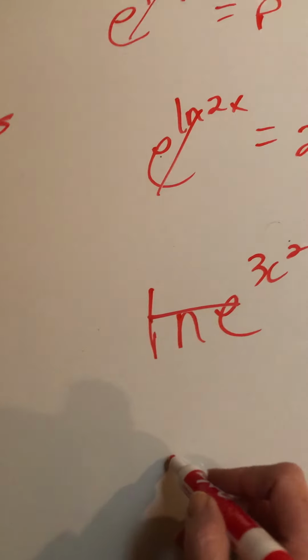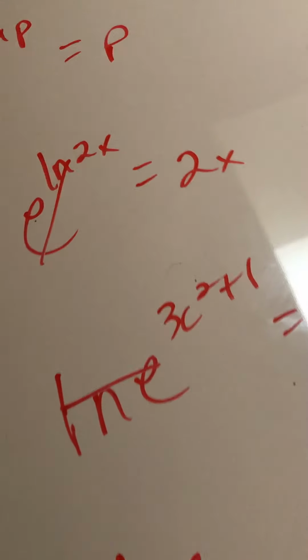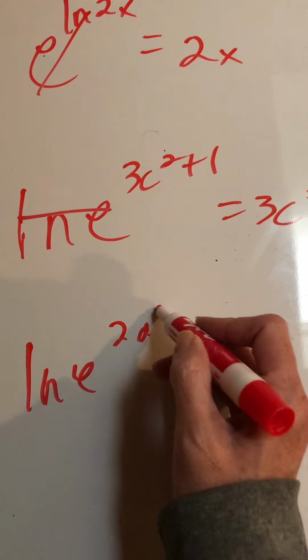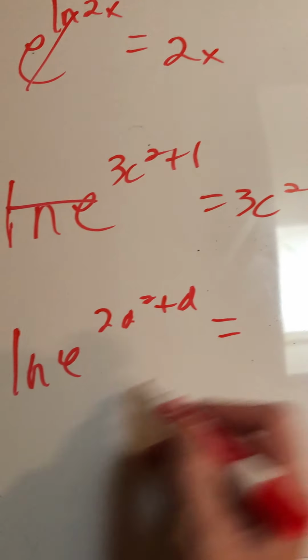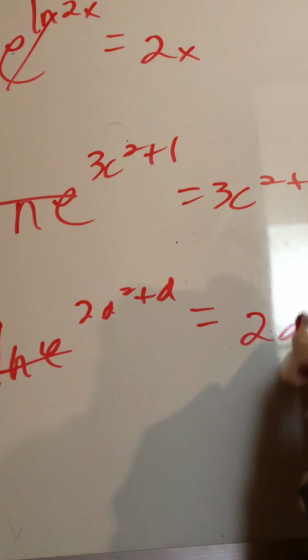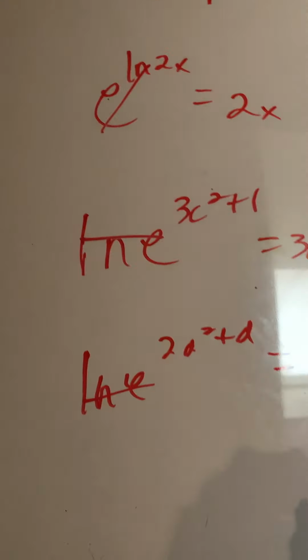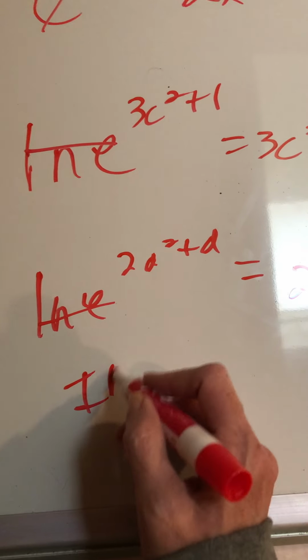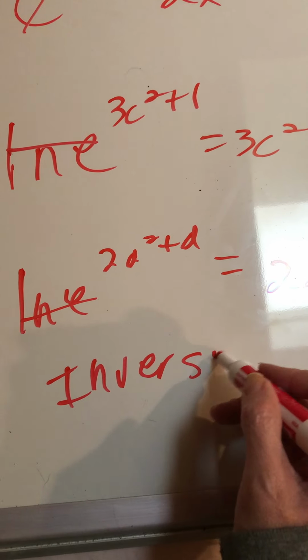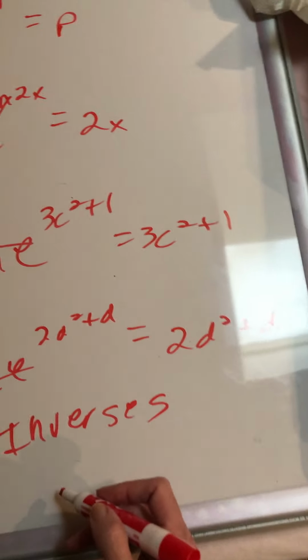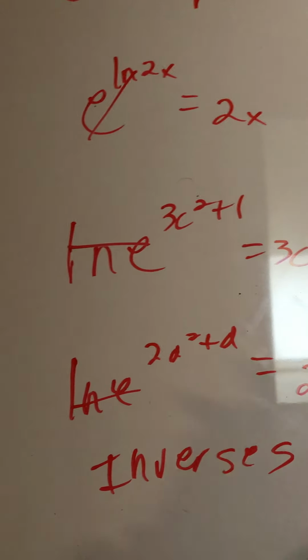And then you can have natural log of e to the 2d squared plus d. So the natural log and e cancel, and you have 2d squared plus d left. Okay, so that's the first thing. And again, it's because they're inverse operations. They are inverses, and so that's why they cancel each other out.